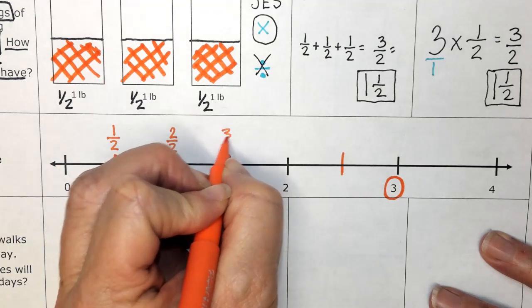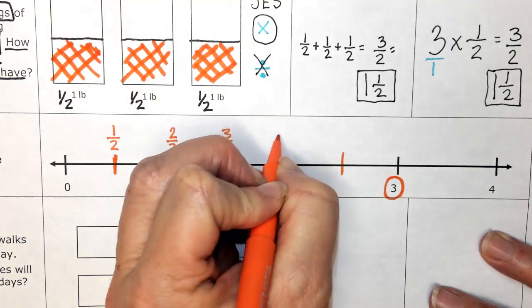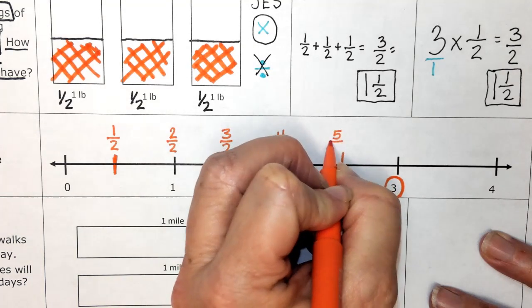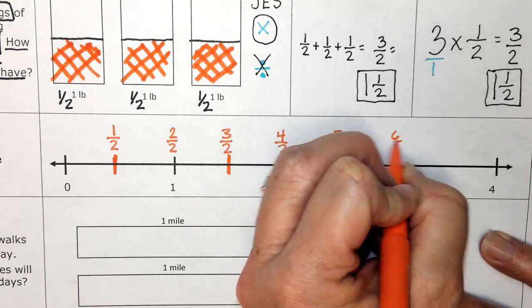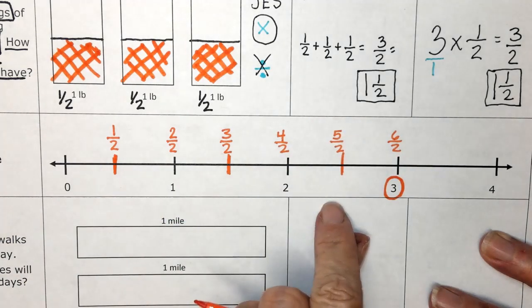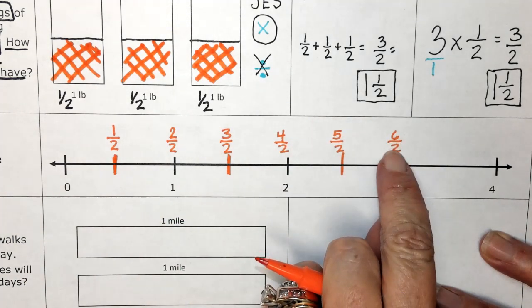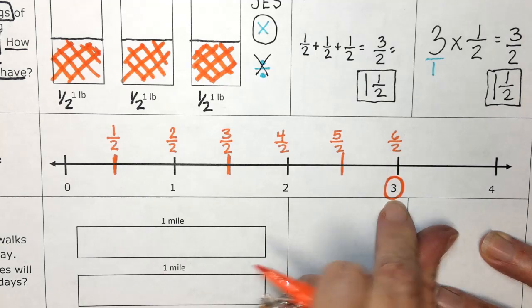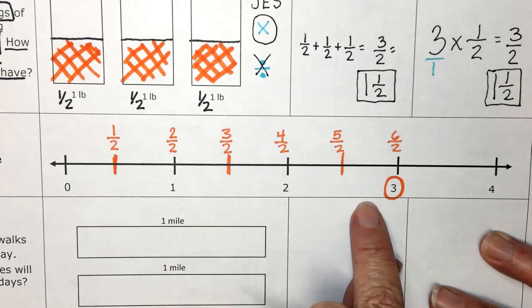And we have 3 halves, 4 halves, 5 halves, and 6 halves. And we know that if we take 6 and divide it by 2, which is what that means, we will get the number 3.